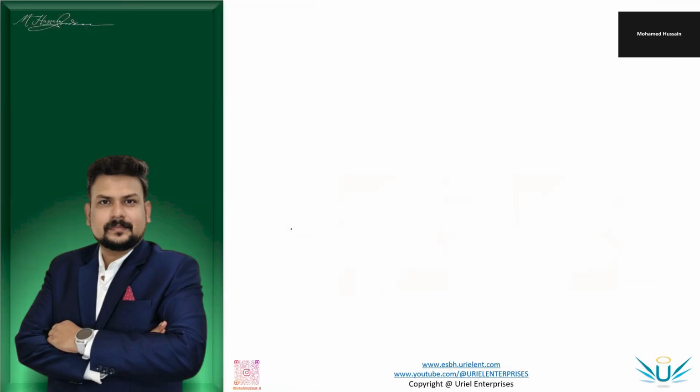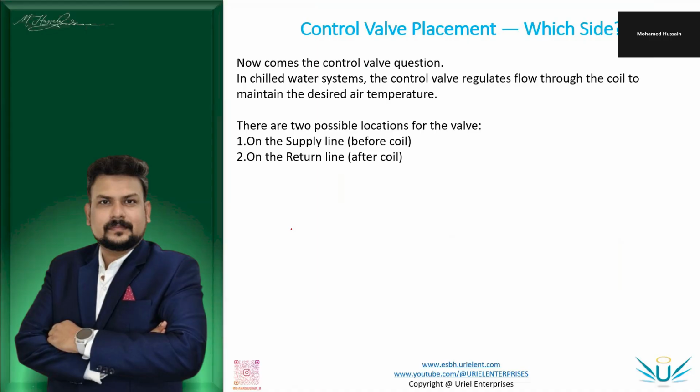Let's move on to valve placement, because valve placement is very important. Which side are you placing it, on the supply side before the coil or on the return line? In general common sense, we say that obviously we have to place it on the return side, because the cooling coil has to be filled with water.